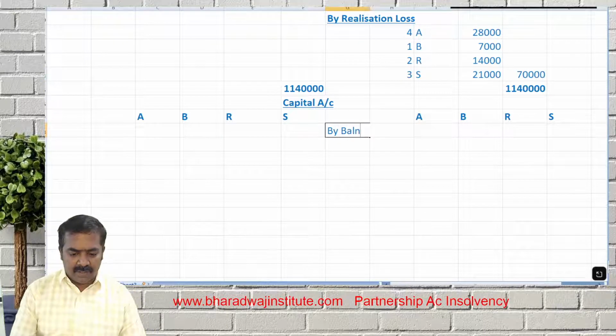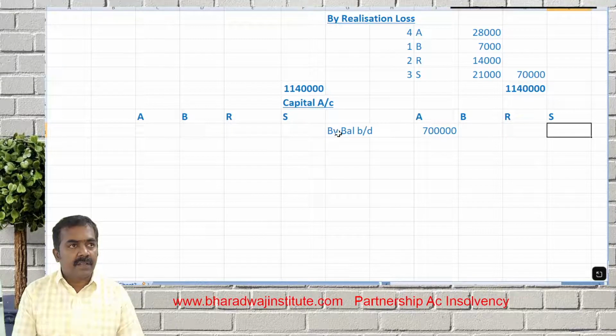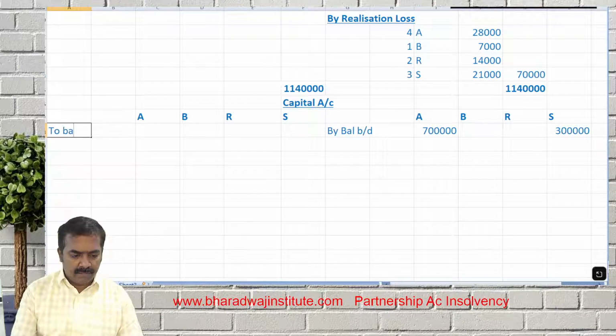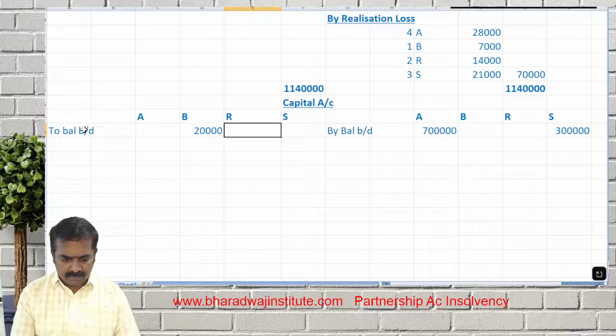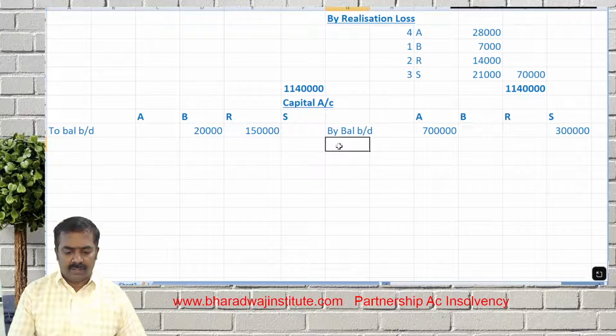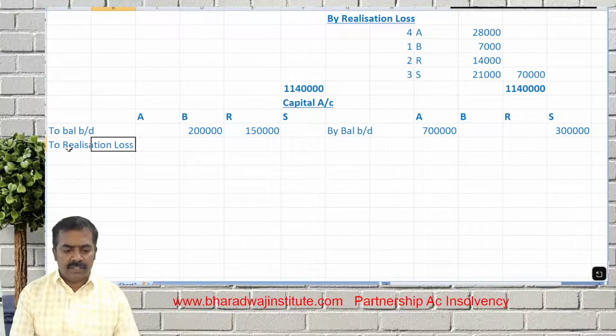By balance brought down, how much? 7 lakhs. Yes. 3 lakhs. Debit side, 2 balance brought down. 1 lakh. Then 2 realization loss. How much is 2 realization loss? 8,000.